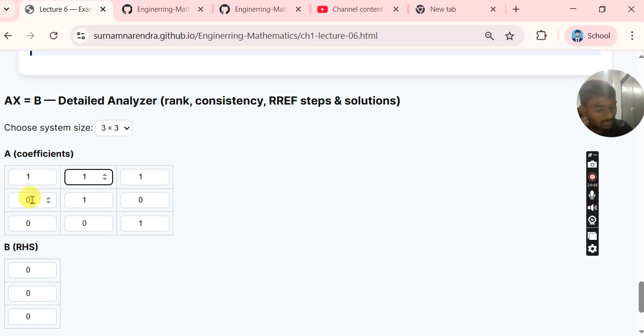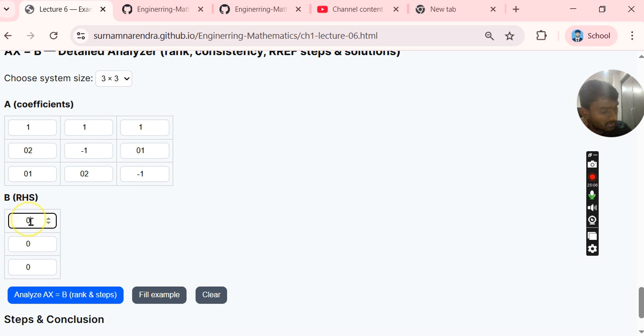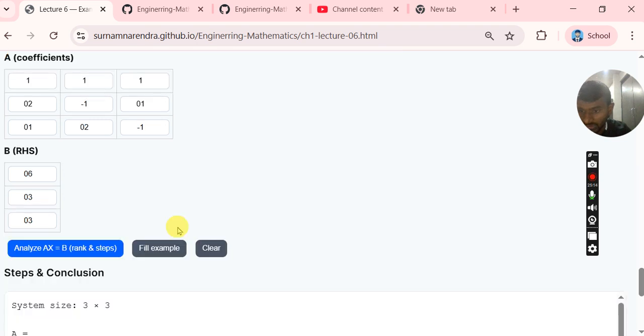And here 2 minus 1 and 1, and again here 1 2 minus 1, and B will be 6 3 3, and analyze the rank and steps.